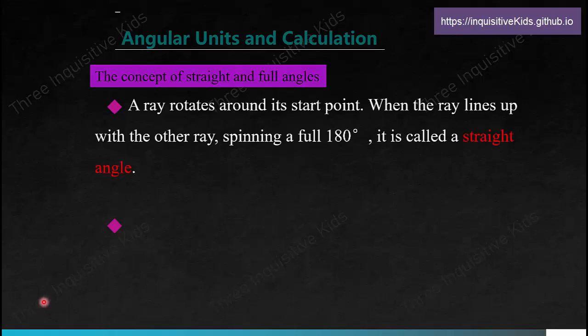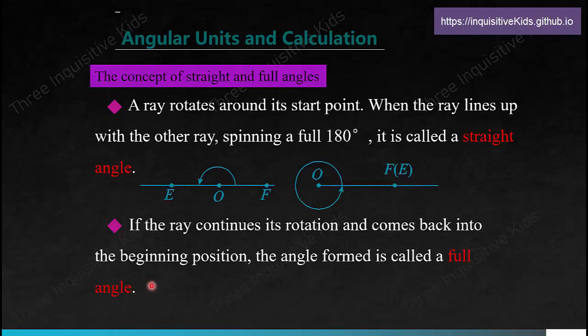One, a ray rotates around its start point. When the ray lines up with the other ray, spinning a full 180 degrees, it is called a straight angle. For example, this is a whole straight angle.